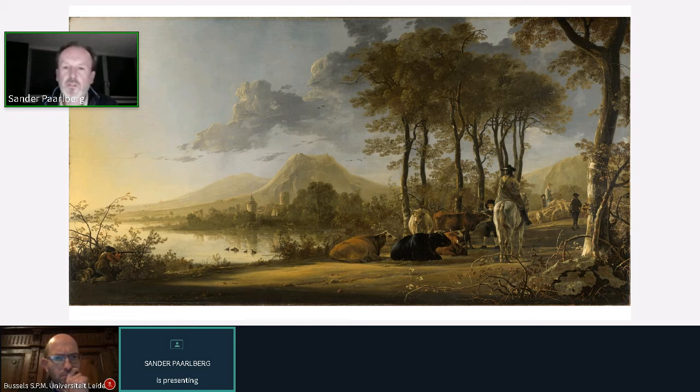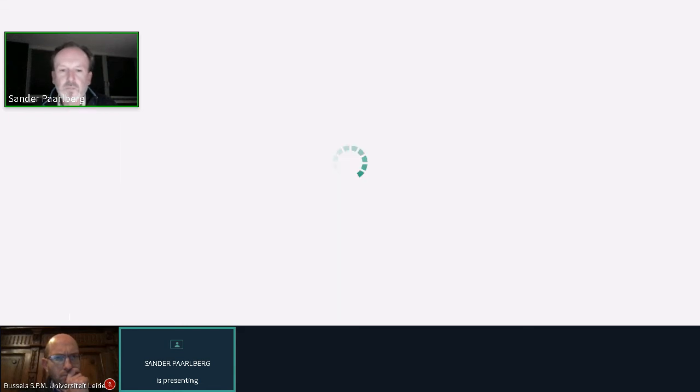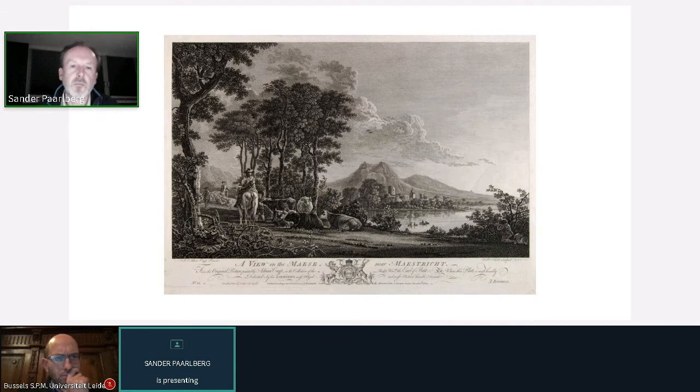It was also made into a print by Elliot, in reverse, and this was published by Boydell, and he wrote about Aelbert Cuyp, and this is the moment when, I think this is 1769, Cuyp was also called for the first time the Dutch Claude in England, referring, of course, to Claude Lorrain, and to the golden light in his landscapes.